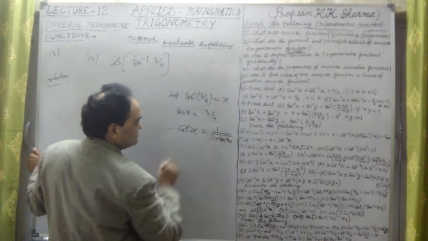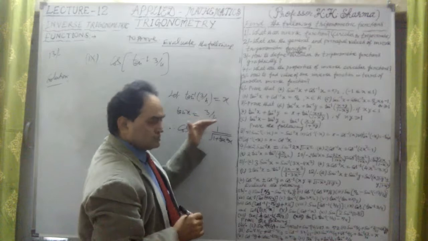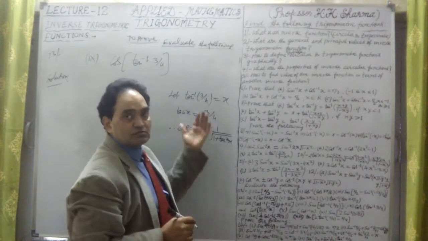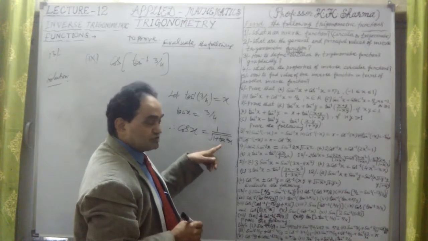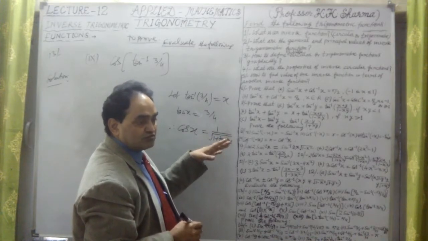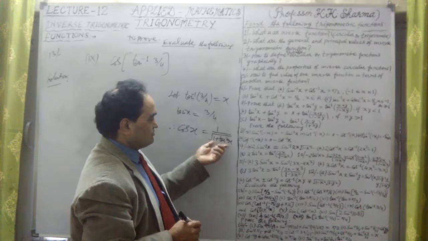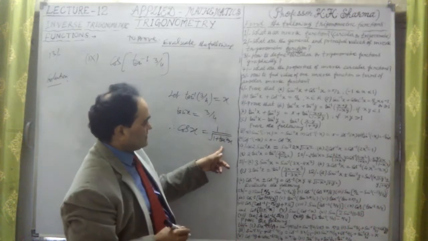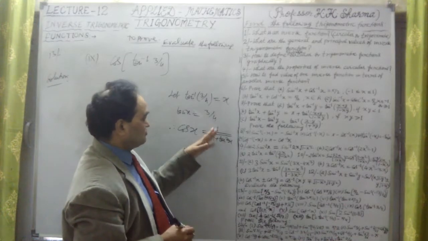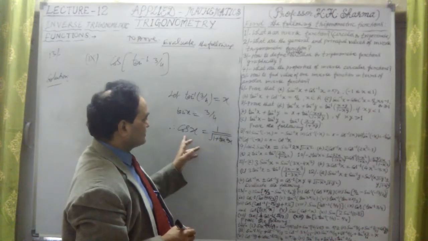Try to understand why. Because cos x is 1 upon secant x. Secant is in terms of tan: 1 plus tan square theta is secant square theta. So 1 upon secant x will come out as 1 upon under root 1 plus tan square x. 1 upon secant x is cos x.